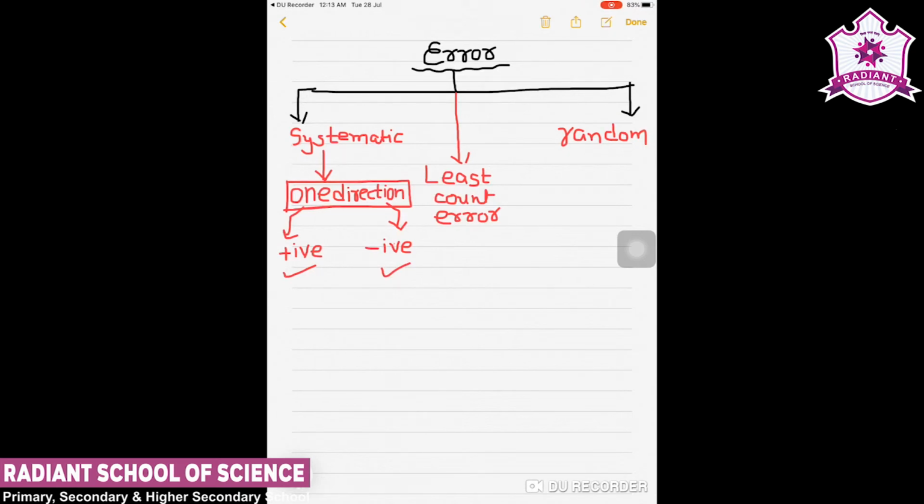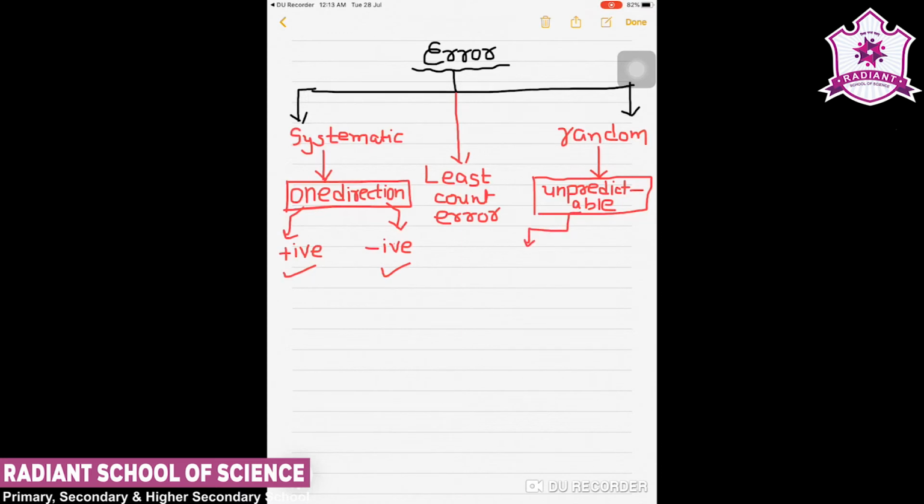While in random type of error no prediction is possible, so unpredictable. Unpredictable error is random error. Now this error occurs randomly, that we cannot predict it. That is random fluctuation.